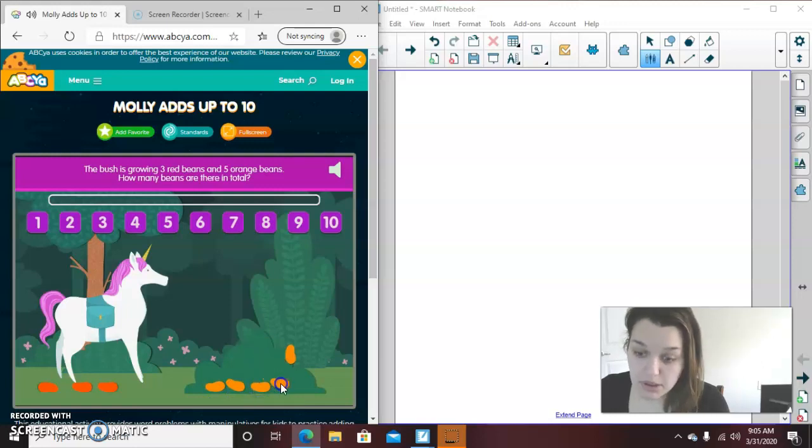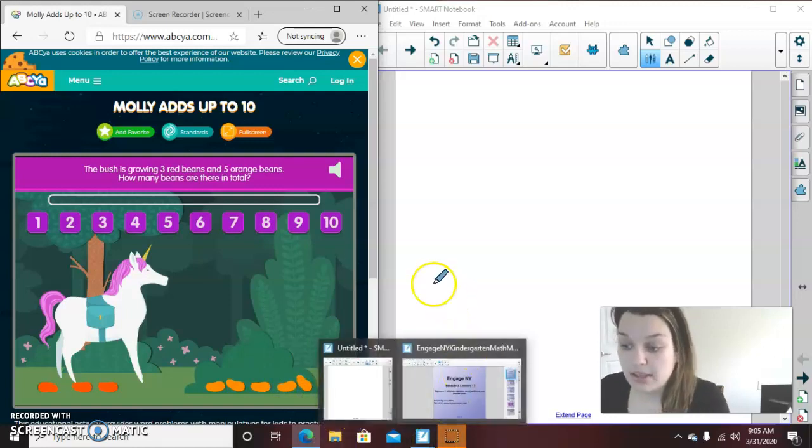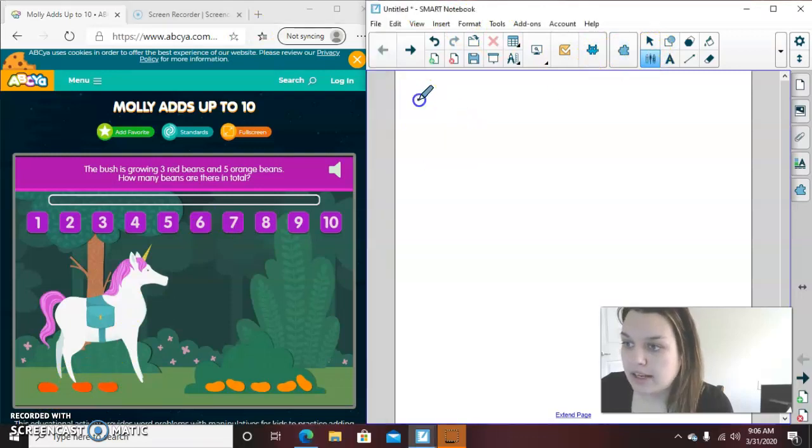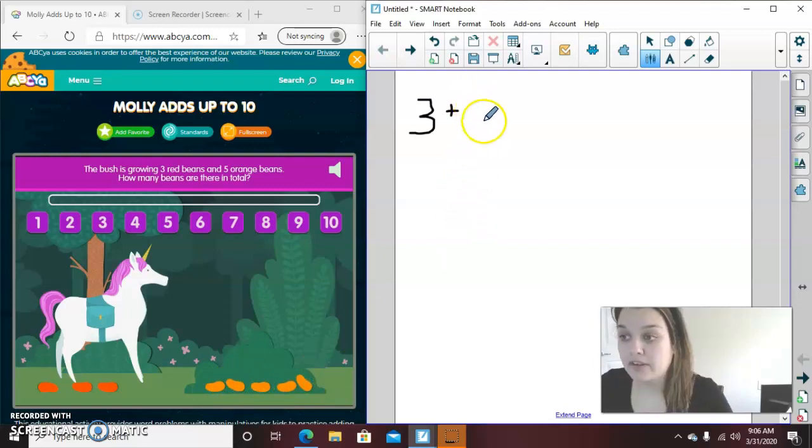That just makes my word problems so much easier when I'm writing my number sentence because I can see the picture in my 2 parts. All right, so we have how many red? 1, 2, 3. So I'm going to write a 3 over here, 3, and then plus how many orange? 1, 2, 3, 4, 5.